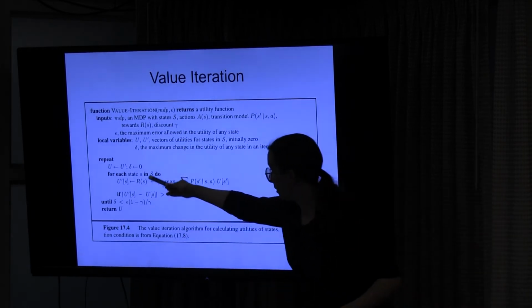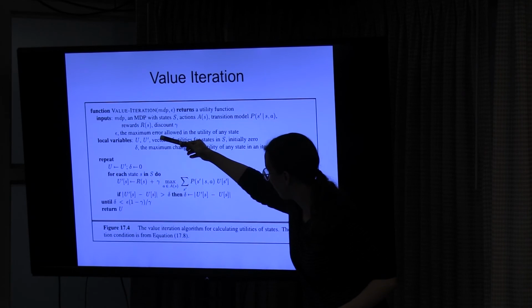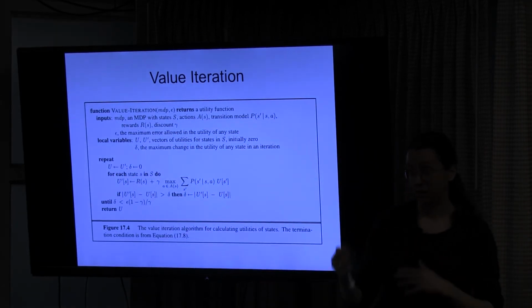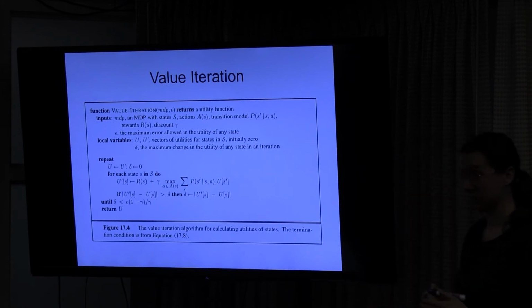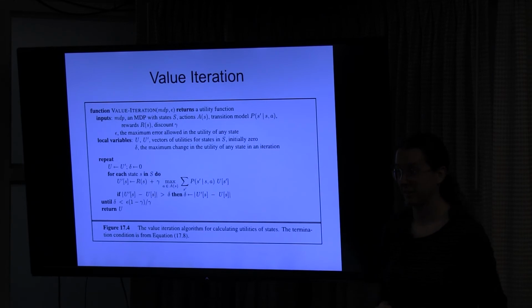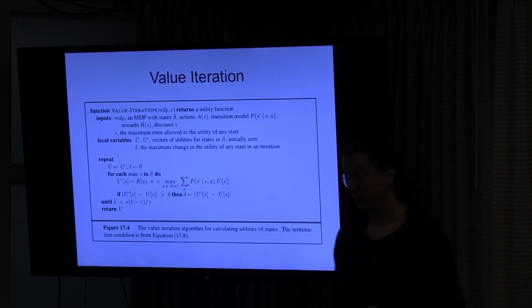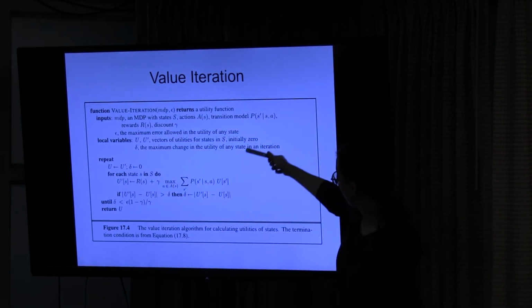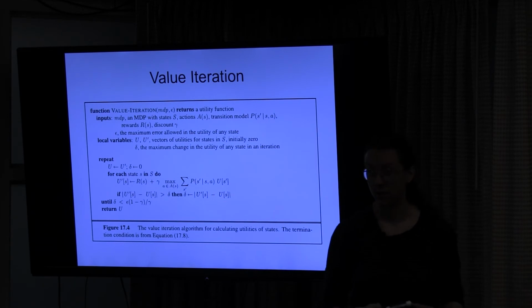And then at the end, where do we do that? We make U equals U prime, and then do it again. We just keep doing that until it converges. So what is this check doing? It's going to check that it's still changing. Delta is the maximum change in utility of any state in an iteration.